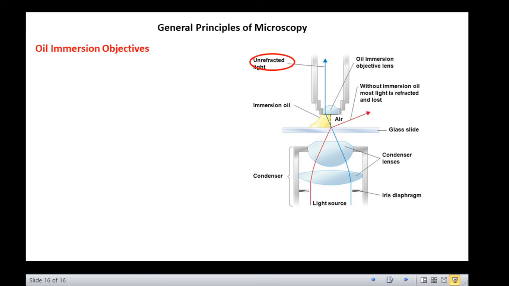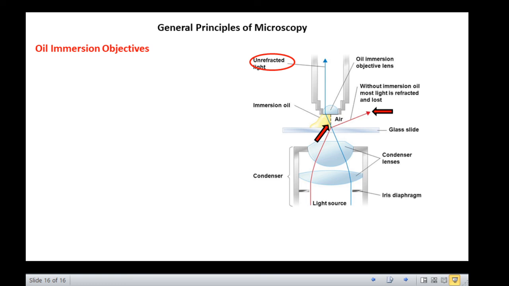When air is the medium, some light rays are lost as a result of refraction. See the pink light ray which is not being collected by the objective lens and which is moving out of the path. The immersion oil provides a homogeneous path for light to travel between slide and front lens of the objective.